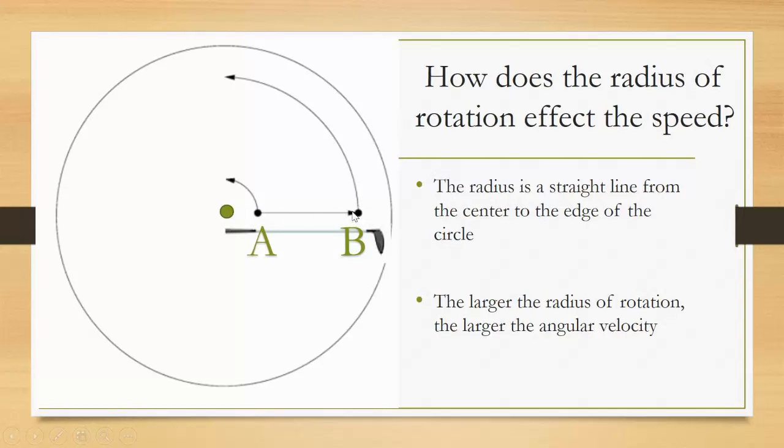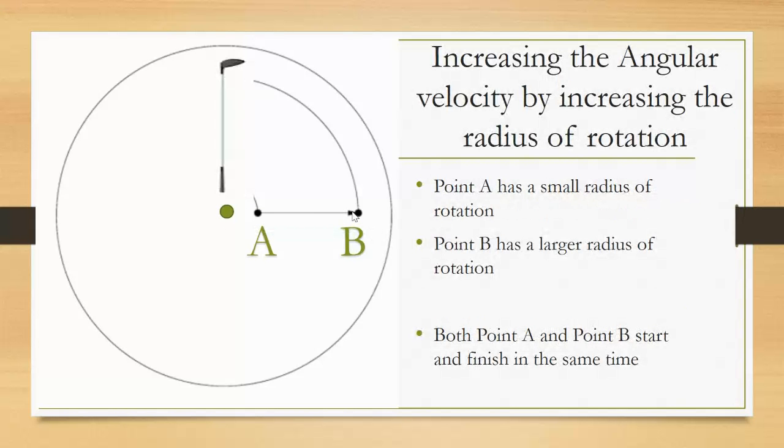Basically the relationship is: the larger the radius of rotation, the larger the angular velocity. Why is that, you might ask? Because point A has a small radius of rotation, point B has a large radius of rotation, but both of them get to where they need to go at the same time. So which one's covering more distance here?